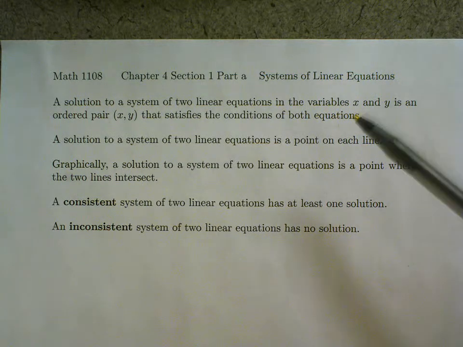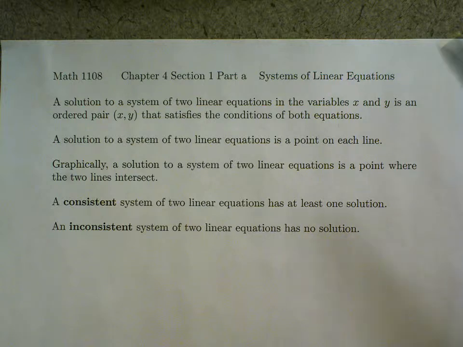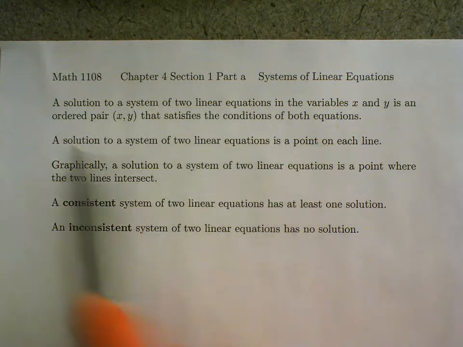In particular, we'll be looking at systems of two linear equations in two variables. But just for your information, in general, you could have a system of n linear equations in n variables. So this is as easy as it ever gets.